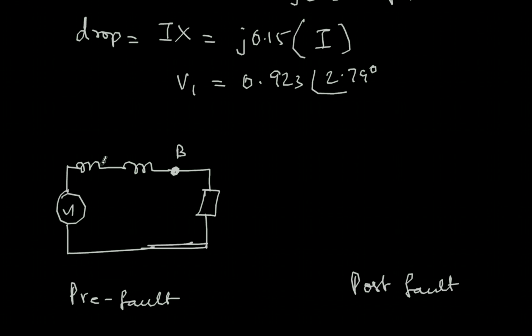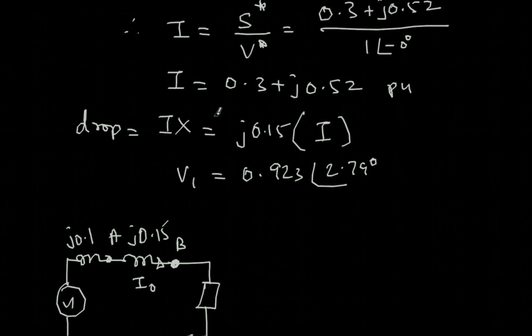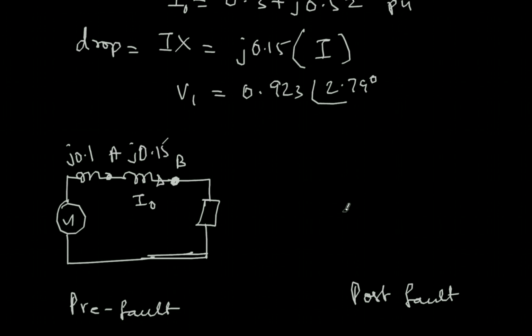This is our B point, this is our A point, and j0.15, and this is j0.1. Now I know how much current is going here in the pre-fault, so let's call it I naught, which we have just calculated. This current we know. Now under post-fault, what happens?